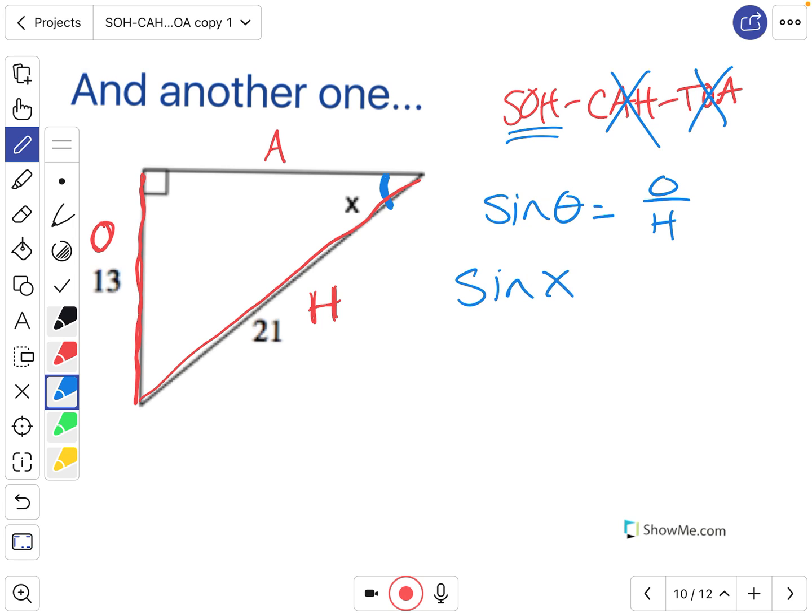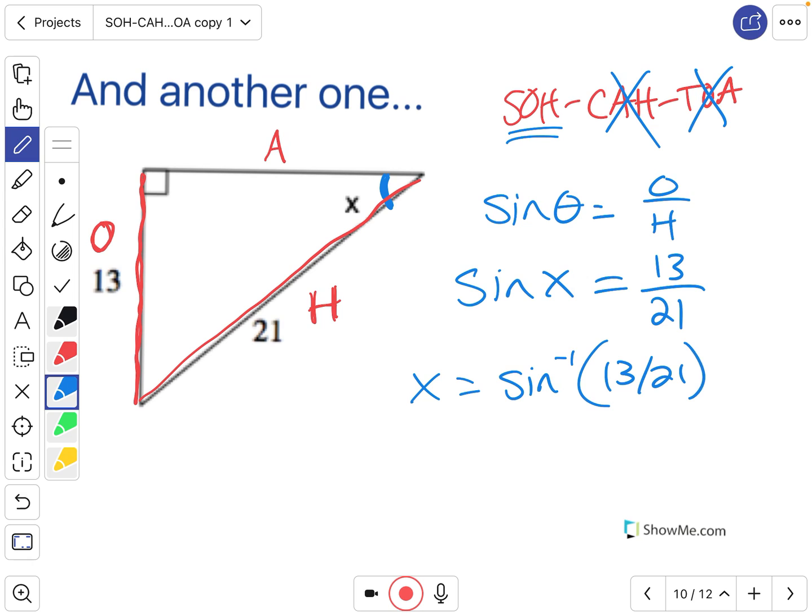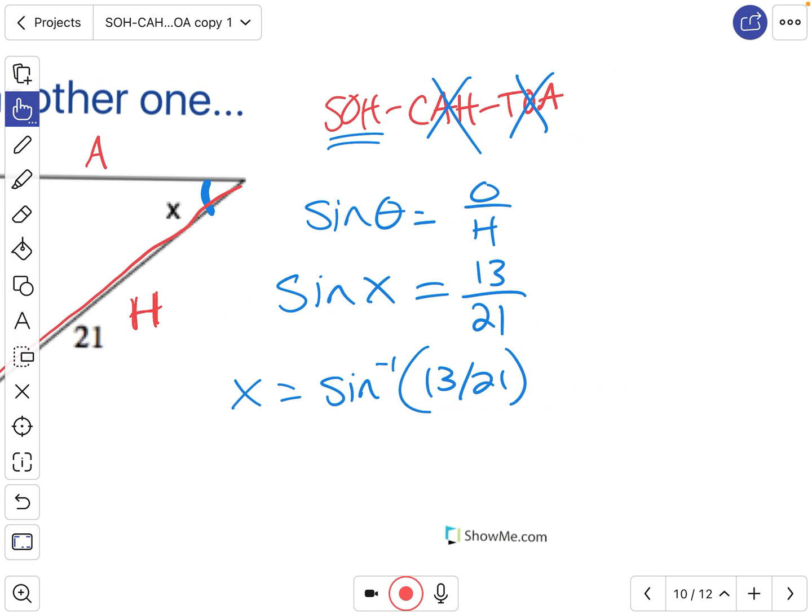If I set up my equation, sine of the angle is opposite over hypotenuse. Sine of x, where x is the angle we're solving for, opposite side is 13, hypotenuse is 21. In this case, to solve for x, we're going to use the sine inverse of that ratio.